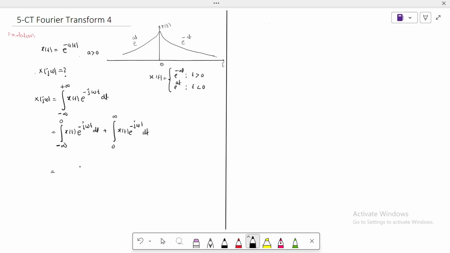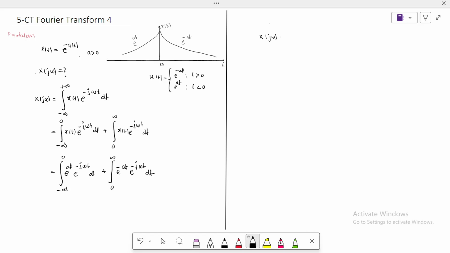For negative t, x of t is e power at into e power minus j omega t dt, with limits minus infinity to 0, plus the integral from 0 to infinity, where x of t is e power minus at into e power minus j omega t dt.